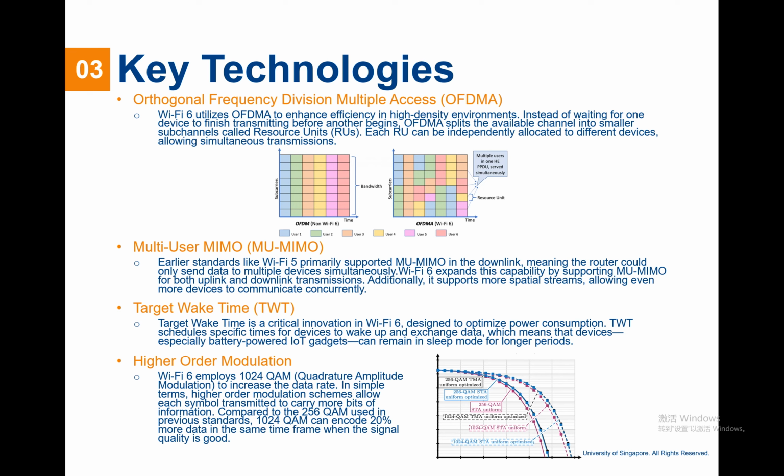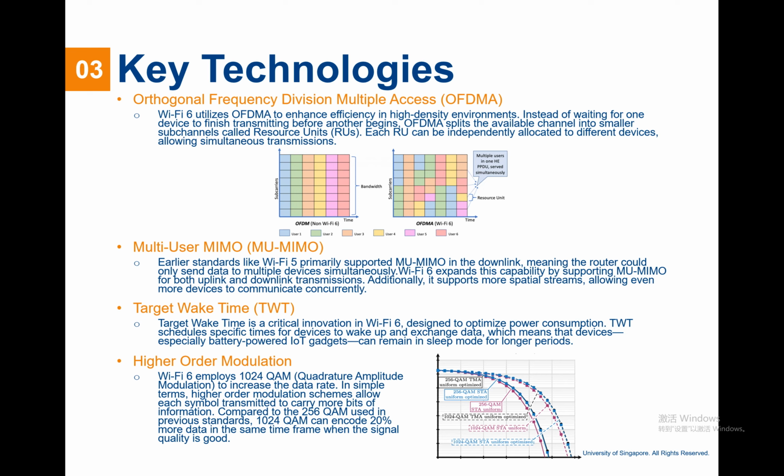Each RU can be independently allocated to different devices, allowing simultaneous transmissions. This division significantly reduces latency and improves overall network capacity, especially when multiple devices are connected.